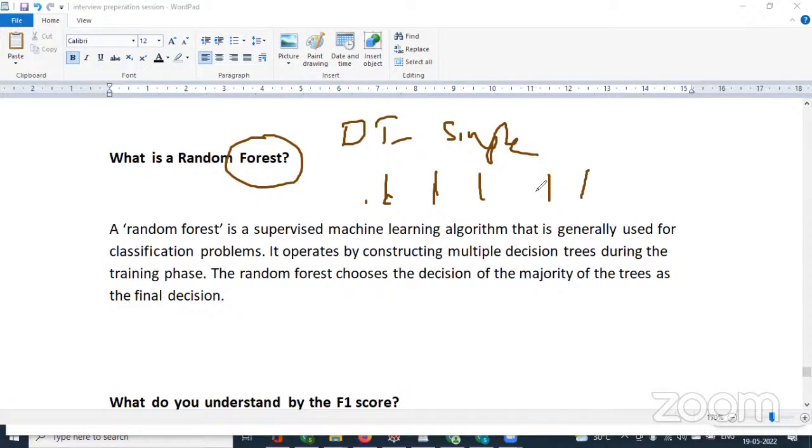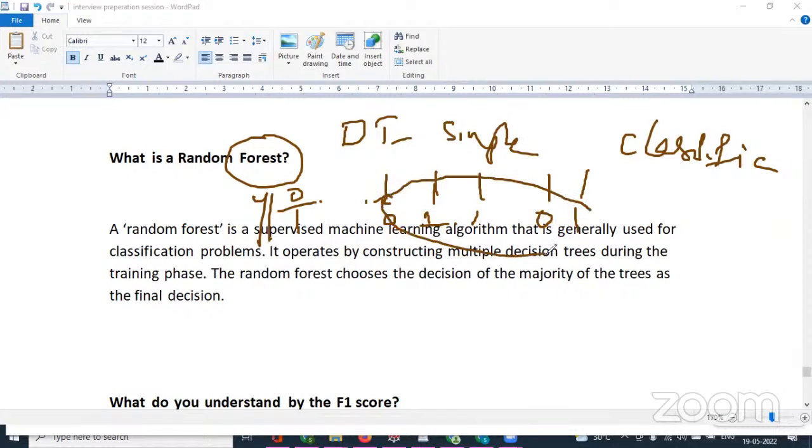Let's say we are using 5 decision trees, and we are using them for classification. In each tree, we get an output. Let's say the y variable is 0 or 1, and the first tree gives the output 0, the second tree gives 1, the third is 1, the fourth is 0, and the fifth is 1.